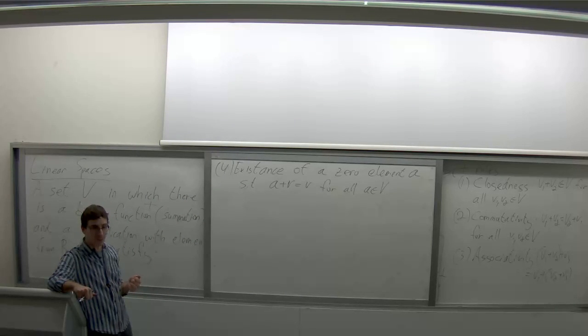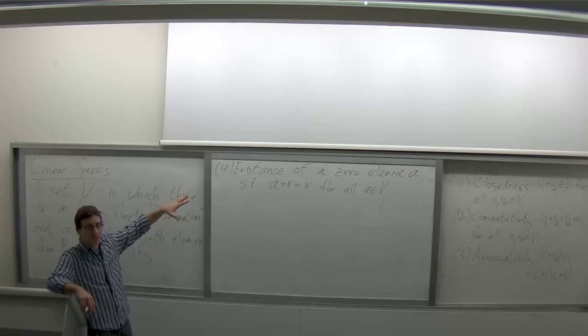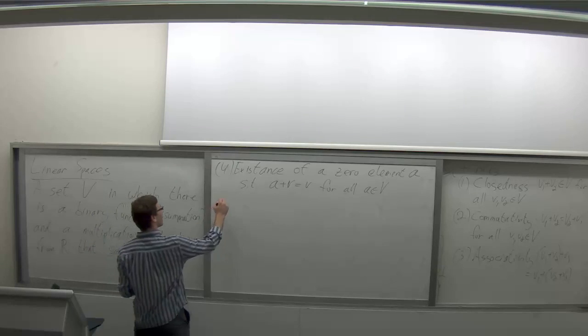When there's only one, when it's unique. Now I don't demand it to be unique. The fact that it is unique is going to be a theorem about linear spaces. But the idea is that the constraints I impose on the set should be minimal. If I can prove from only these rules that the zero is unique, I don't need to state it as an axiom. Okay? I don't need to demand that it be unique if it's anyway going to be unique.